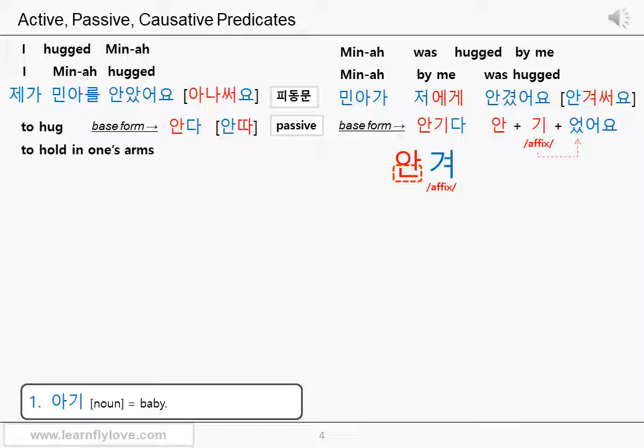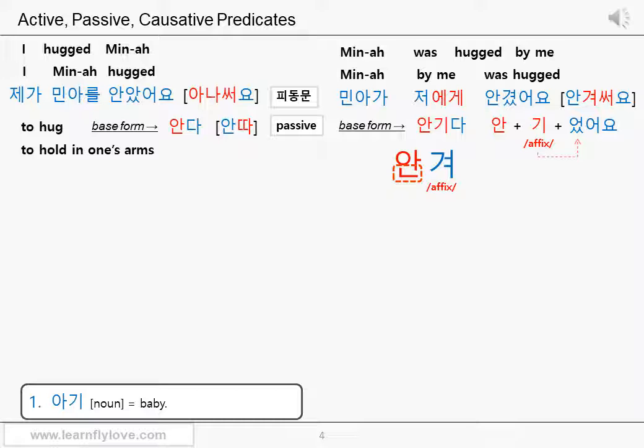For example, to someone, in the sentence like, I give something to someone. Because the particle 에게 indicates the direction and destination as the English preposition to or toward does. It is a bit complicated, so please listen carefully.